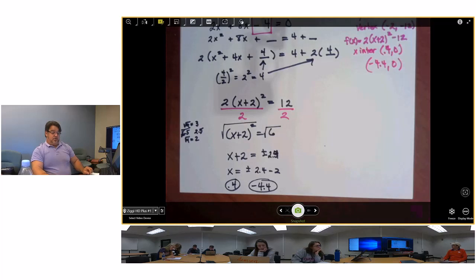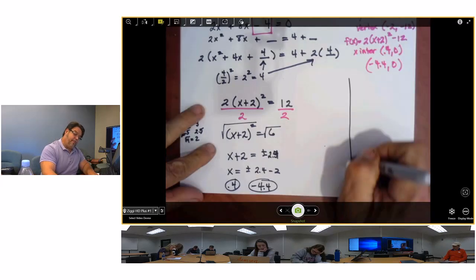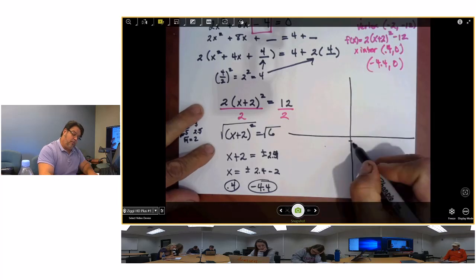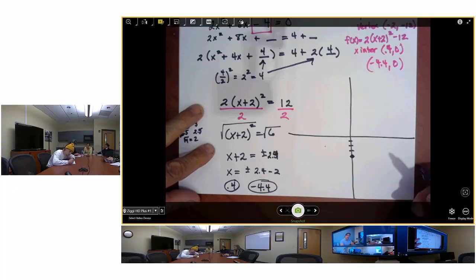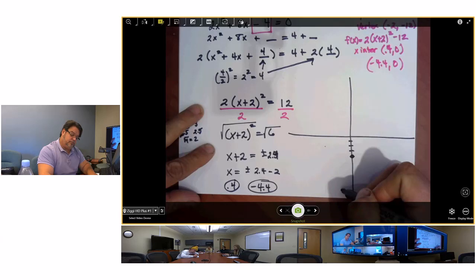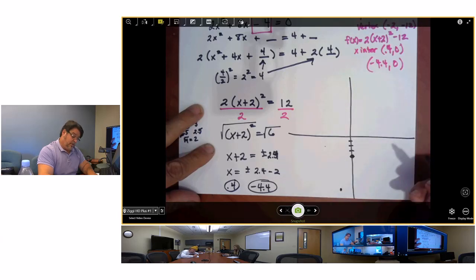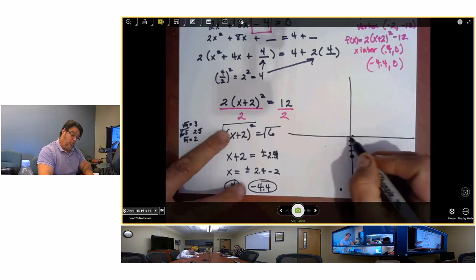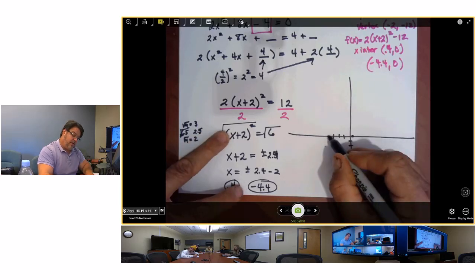And now you sketch the graph. (0, negative 4). (Negative 2, negative 12). (0.4, 0) and (negative 4.4, 0).